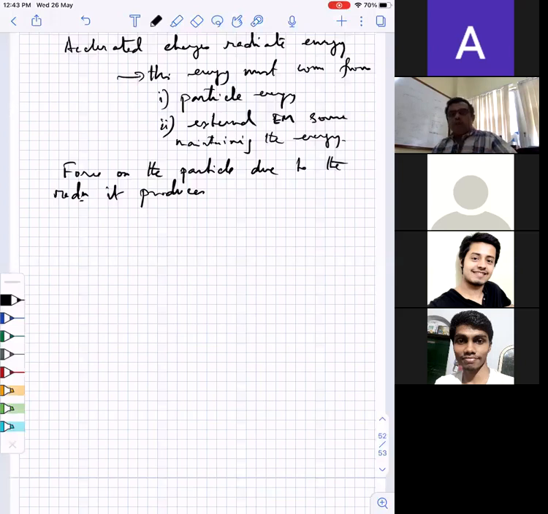Work done needs a force. So because the particle is radiating, there's a force acting on the particle.